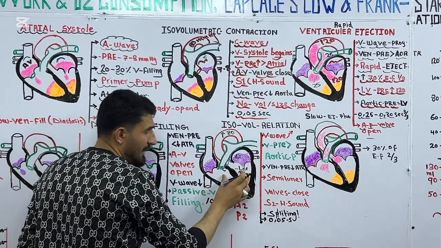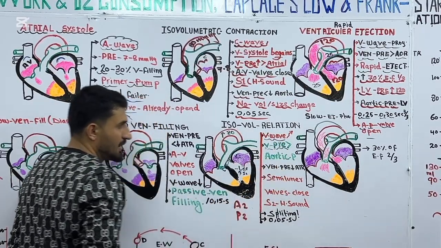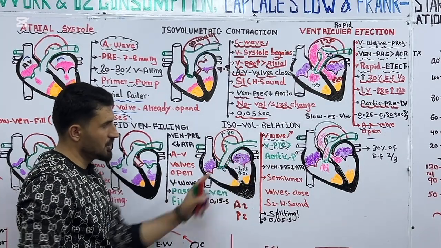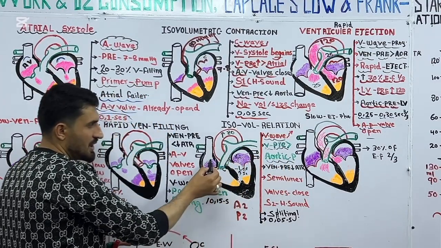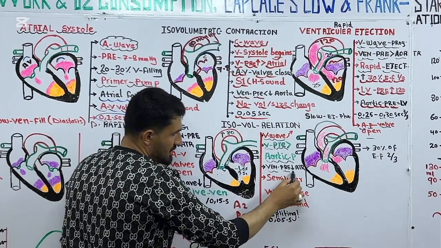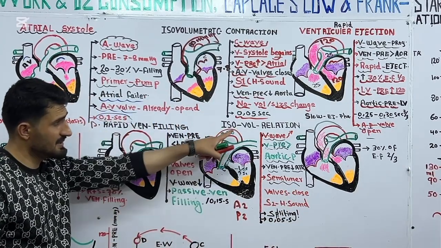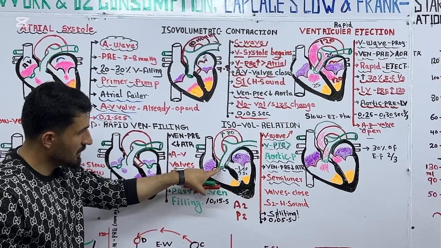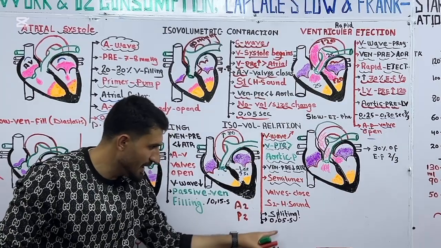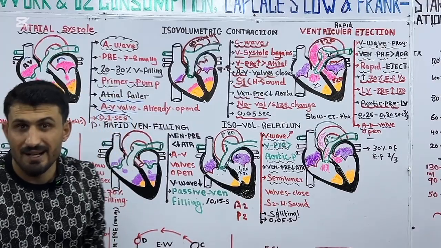Now the ventricular pressure is greater than the atrial pressure, and it's less than the aortic pressure, or on the right side the pulmonary artery pressure. In this phase, the two semilunar valves close and produce the S2 sound. I talked about the splitting sound, and collectively this phase takes 0.05 seconds. Got it?